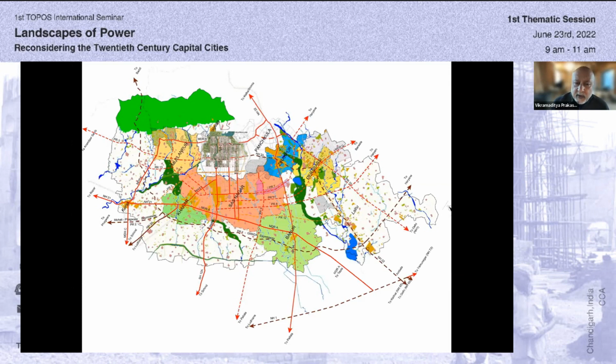And that is the thing that we were looking at when I took a series of studios in Chandigarh. I was born and brought up in Chandigarh. The city that I showed you in the previous slides is the one that I remembered.